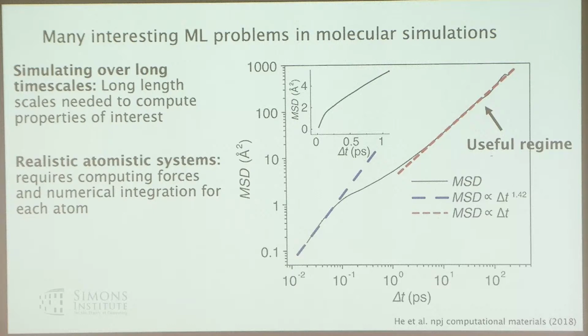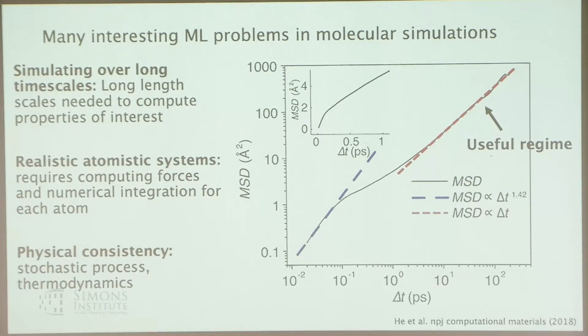You might want to run this for a really long time, and then compute some type of observable about the system that you're interested in, and often that takes many, many time steps. The other challenge is that if we want to study these systems well, it often has to be at realistic atomistic sizes. We often want to study systems that are really large, with many, many atoms. That means we have to compute forces and do numerical integration on each atom. So that's another potential bottleneck there.